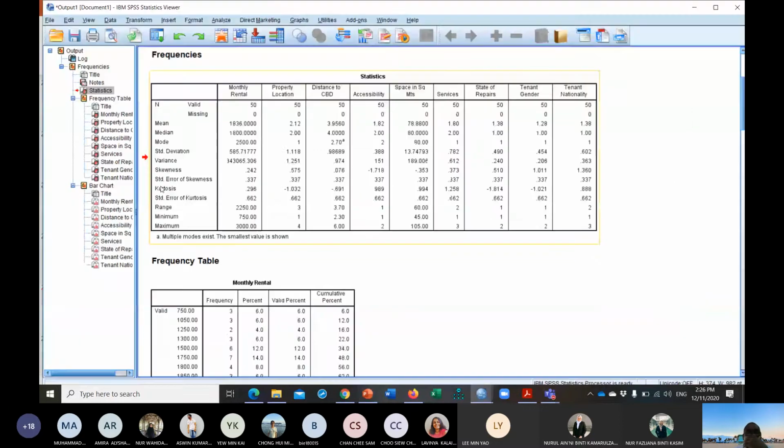So here in the output, let's look at the skewness first. The skewness, the first one for the income, I'm on the monthly renter now, is 0.242. Can you see that?